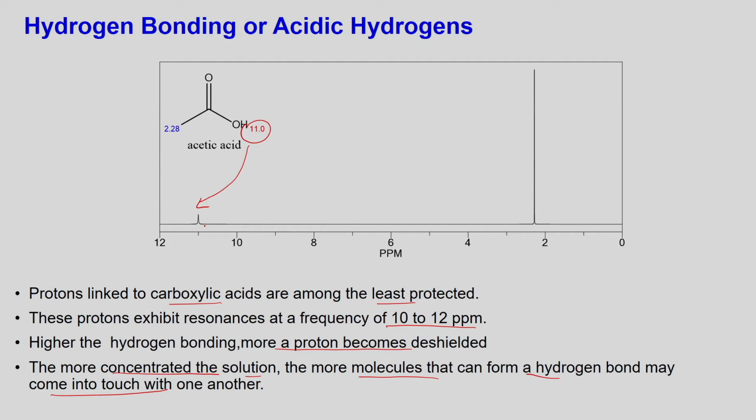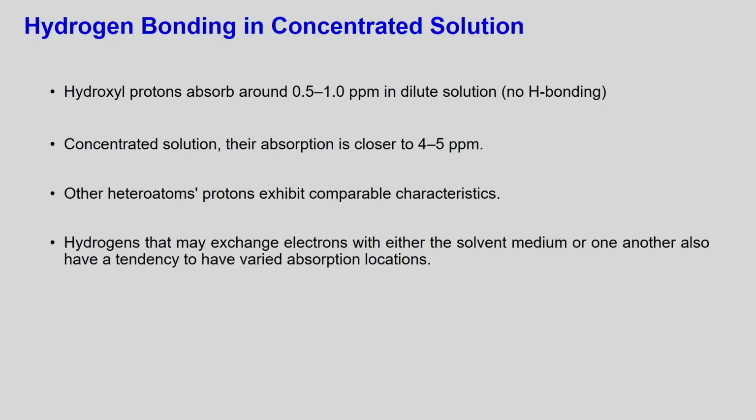So, this hydrogen bonding, as I told you, is another factor, along with solvent effects. Both the solvent effects and the hydrogen bonding actually work here. In the case of acetic acid, because it is affected by both these parameters, it is shifted further downfield. So, it will have a higher and higher deshielding effect.